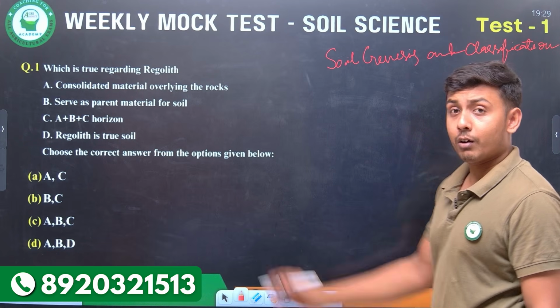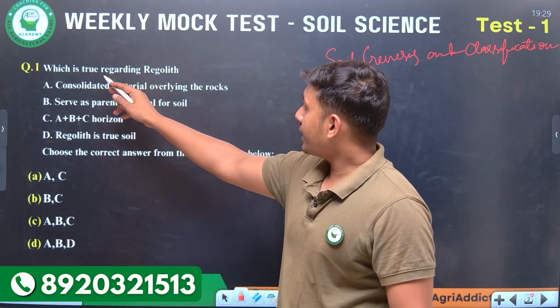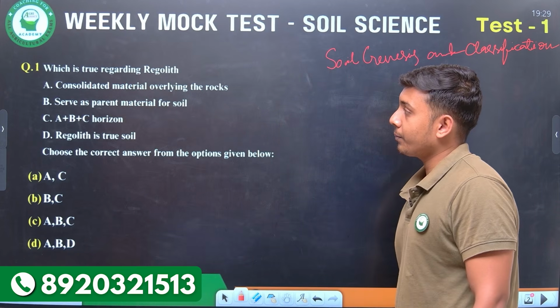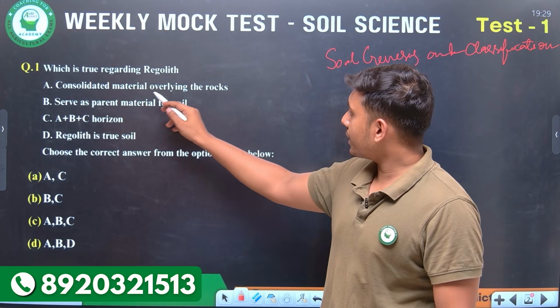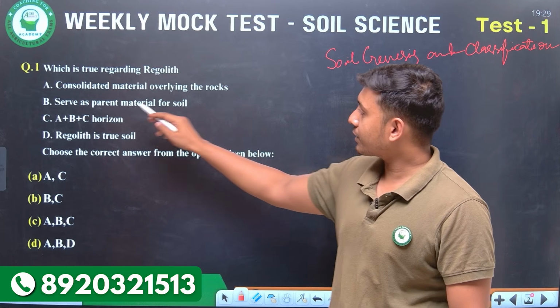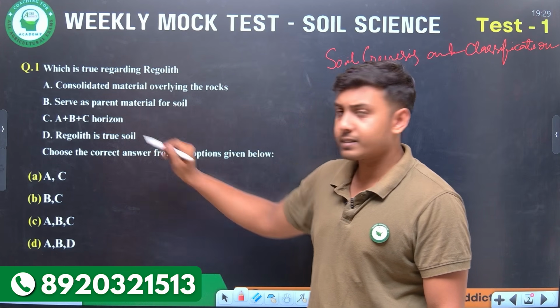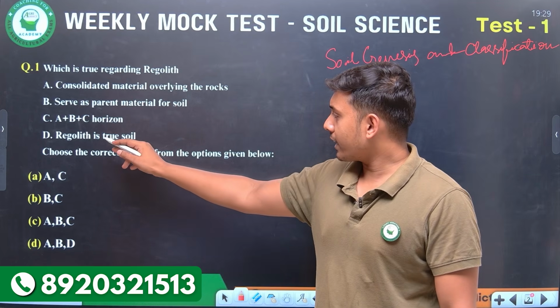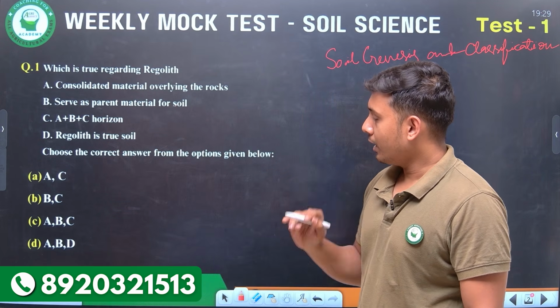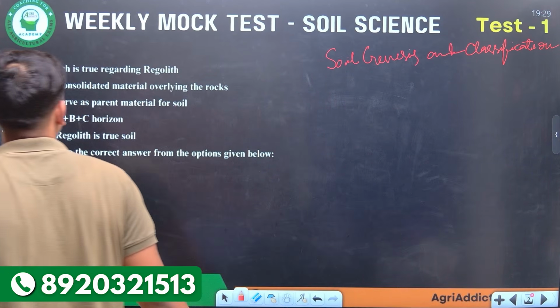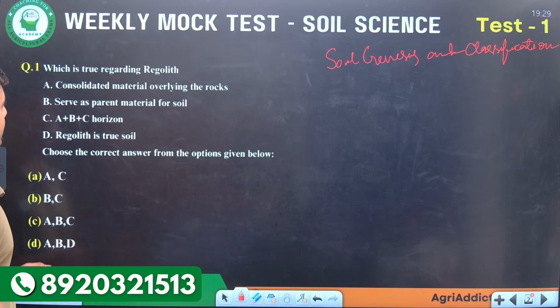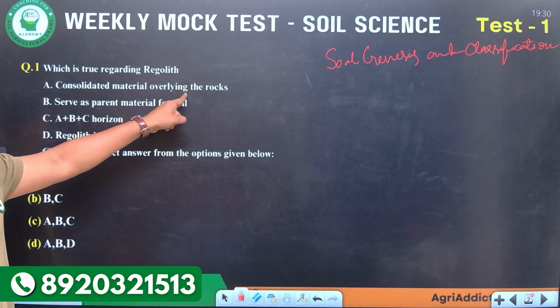So our first question is, which is true regarding the regolith? The options are: consolidated material overlying the rocks, serve as parent material for the soil, A plus B plus C horizon, and the regolith is a true soil. Consider the first option, consolidated material overlying the rocks.